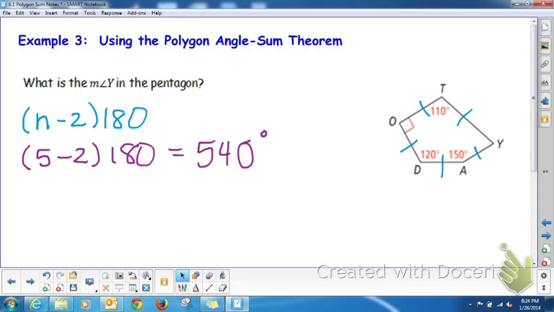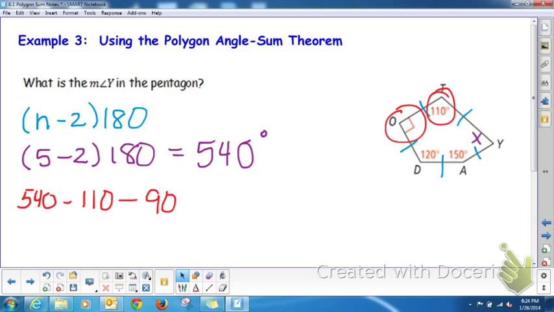Now we need to subtract the angles that we know to find this one that we don't. So 540 minus 110 minus 90, don't forget about that one, minus 120 minus 150 is going to give us the measure of angle y.